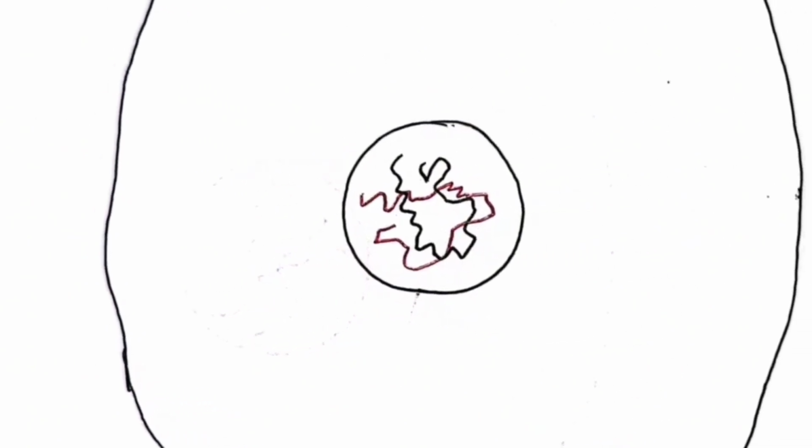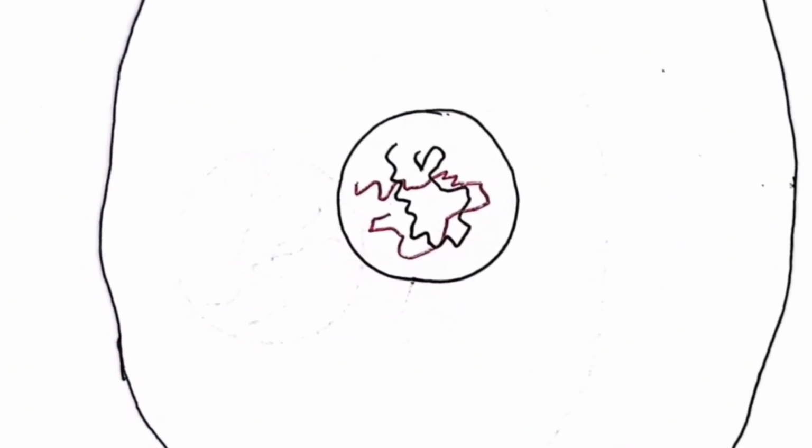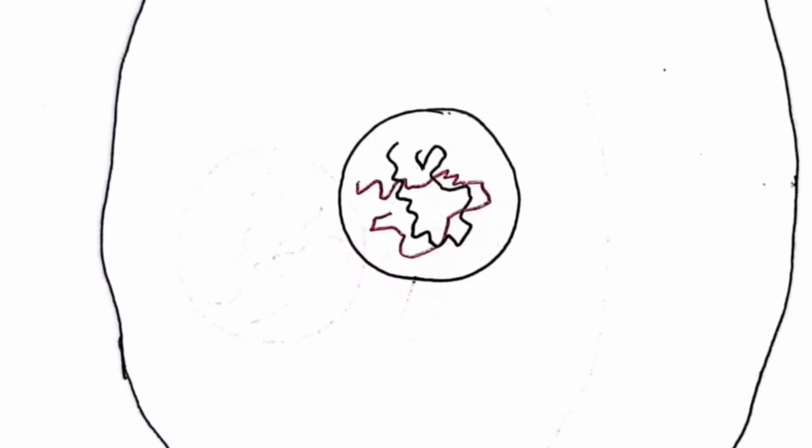We have 2 chromosomes at the moment, but remember that for a human being, in a somatic cell, there are 46 chromosomes. I've only drawn 2 because I can't draw all 46. What is happening to these 2 is happening to the remaining chromosomes.